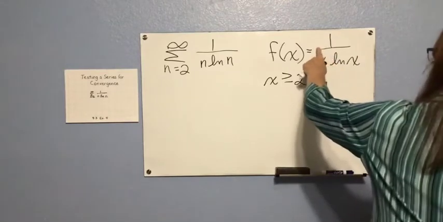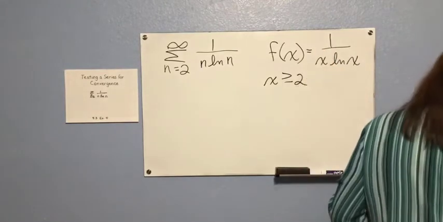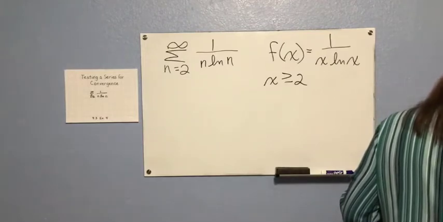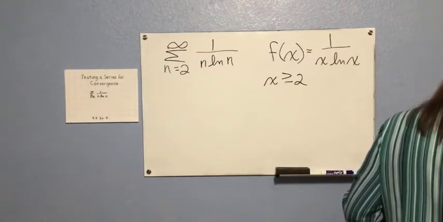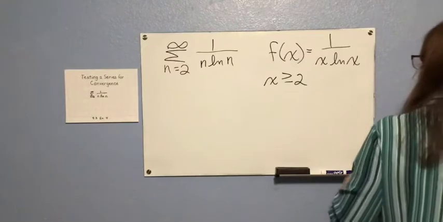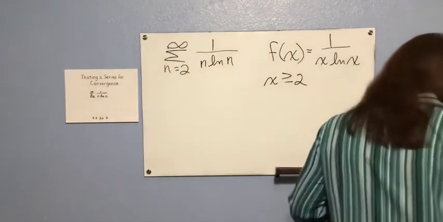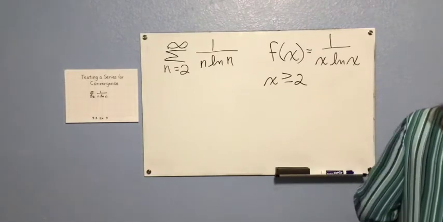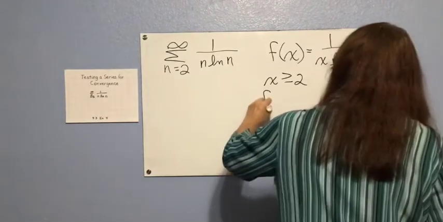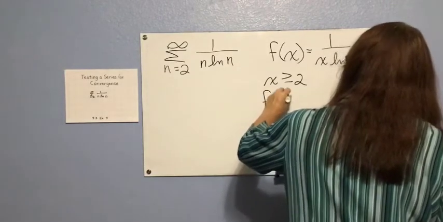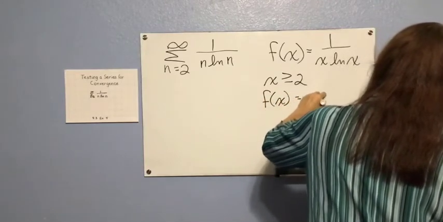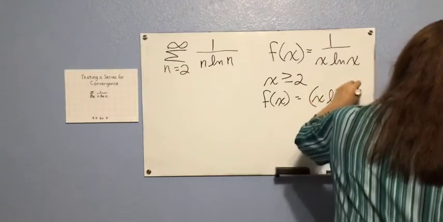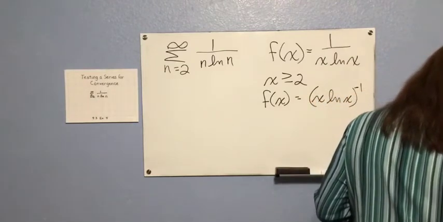We know that this function is positive for x greater than or equal to 2. Now we need to determine, is this decreasing? So we're going to rewrite this function as f of x is equal to x natural log x to the negative 1.